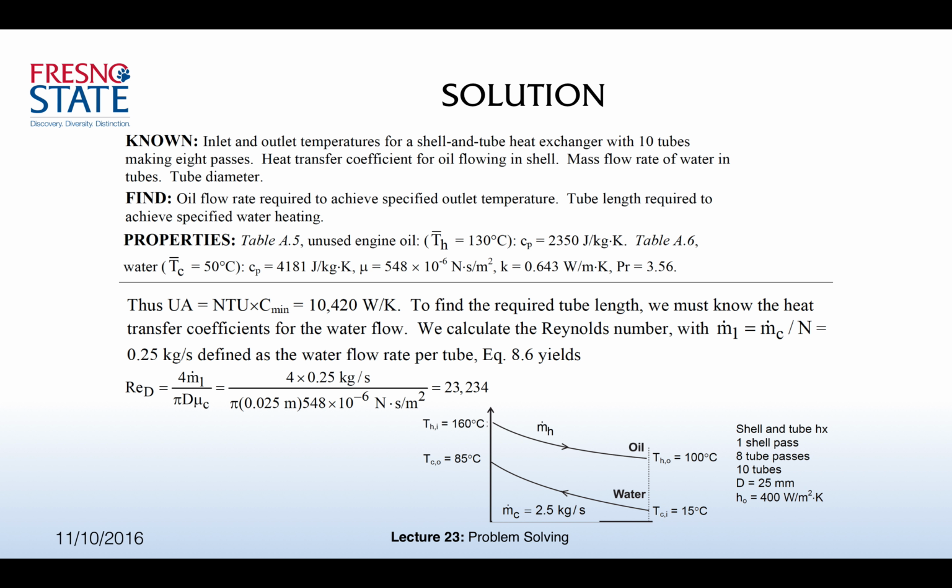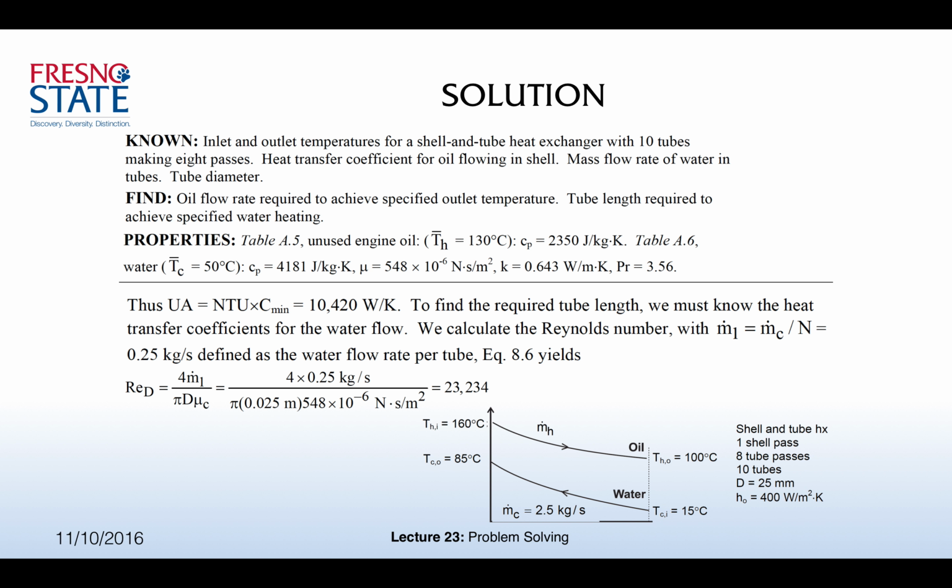But I have a little problem: I don't have the U, the overall heat transfer coefficient. If I had it, I would just divide the 10,420 by the U and get my surface area. So I need to find a way to find my overall heat transfer coefficient. This is a thin-walled tube, so conduction across the wall is not included, and there is no fouling as well.